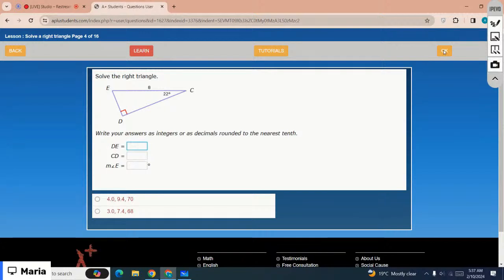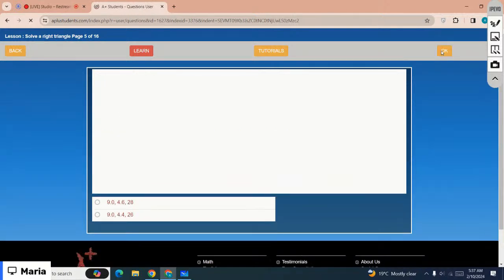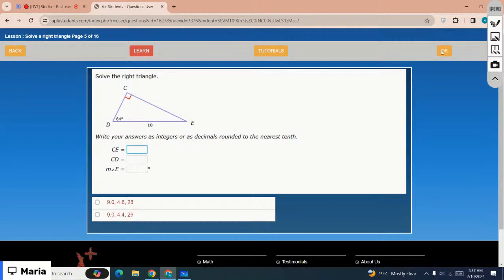Yes, that is option number 2, 3.0, 7.4, and 68 degrees, right? Solve the right triangle. So, which is the correct option?